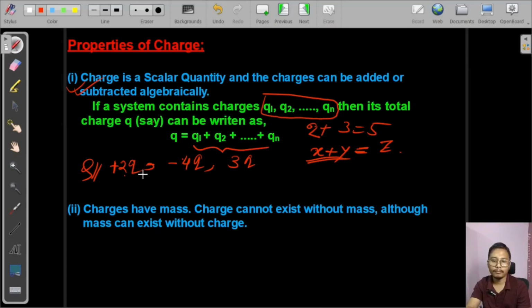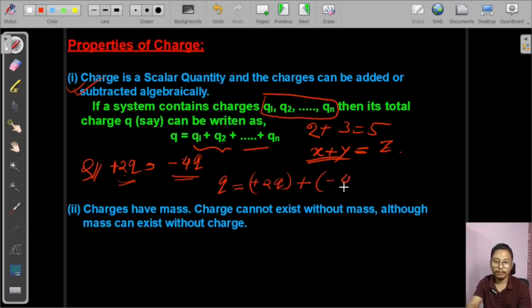You just add them. Suppose this is not there, this much negative charge is there and this much positive charge is there. Then how do you get the total charge? You just add them: 2 plus 2 charge and minus 4 charge.